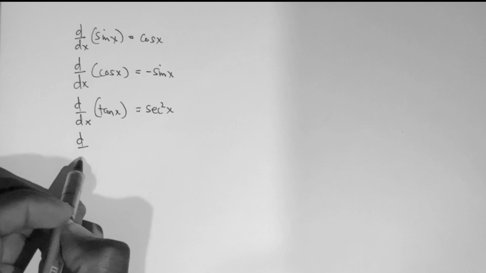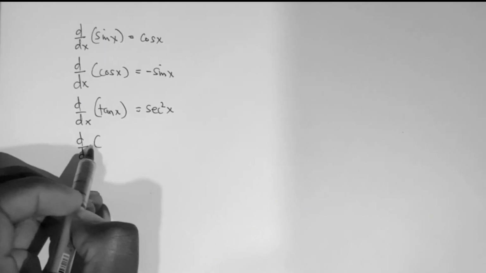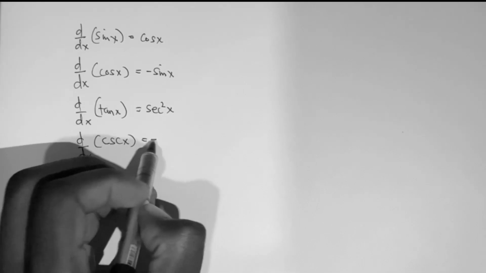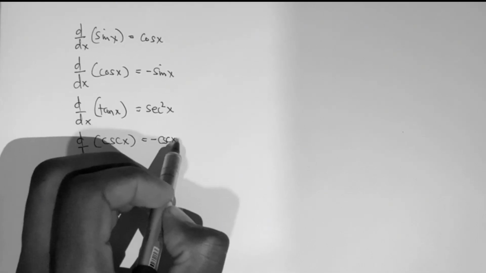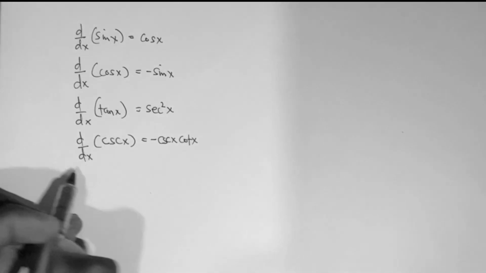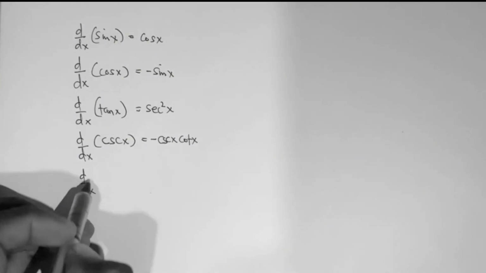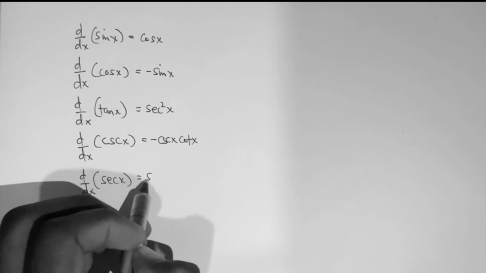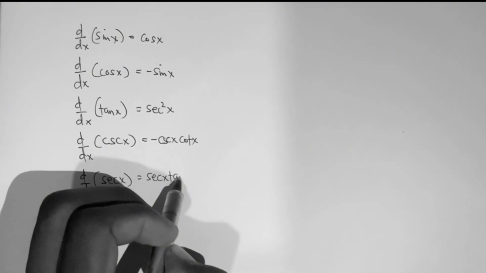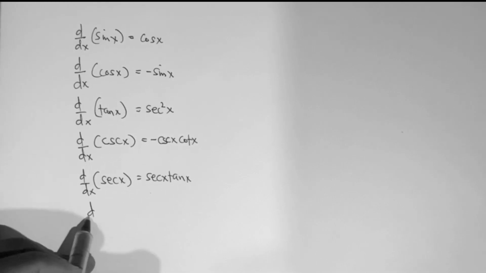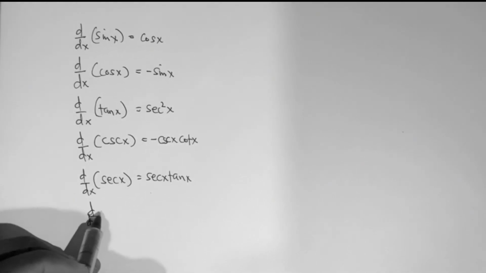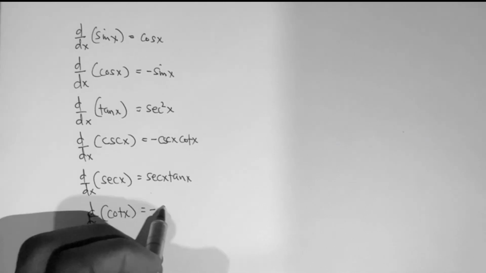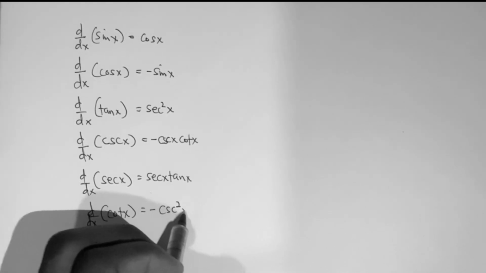If you differentiate cosec x, you are going to get minus cosec x cot x. If you differentiate sec x, you will get sec x tan x, and if you differentiate cot x, then you are going to get minus cosec squared x.